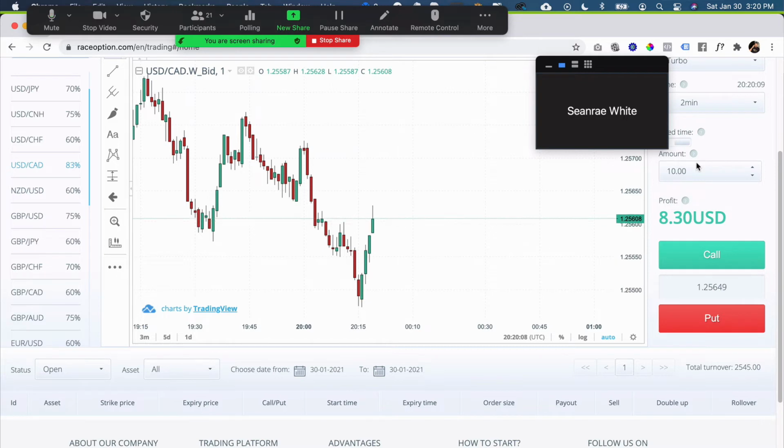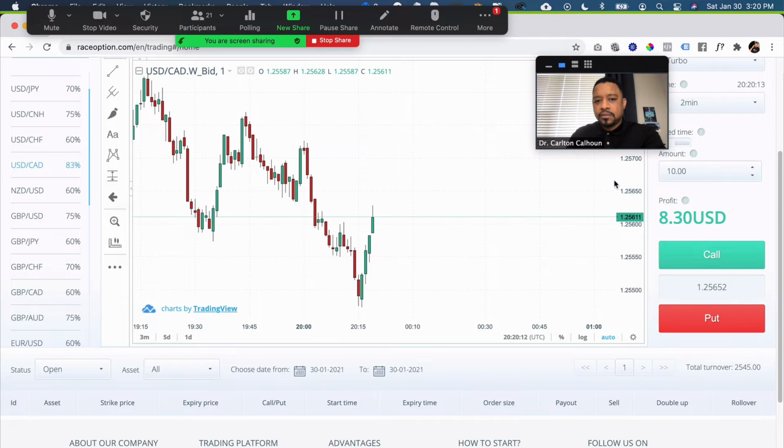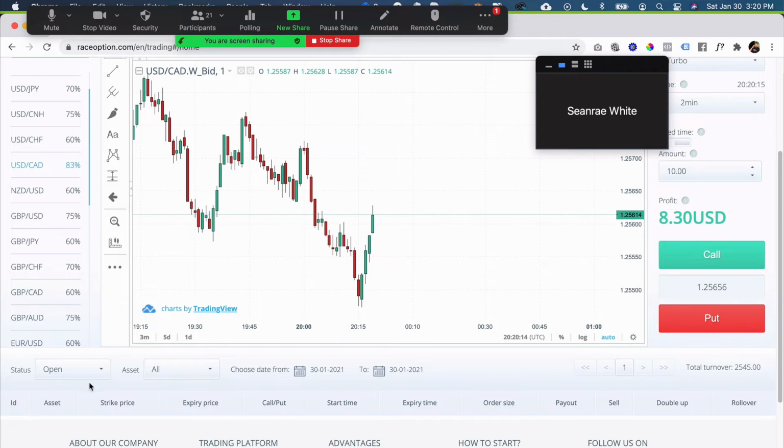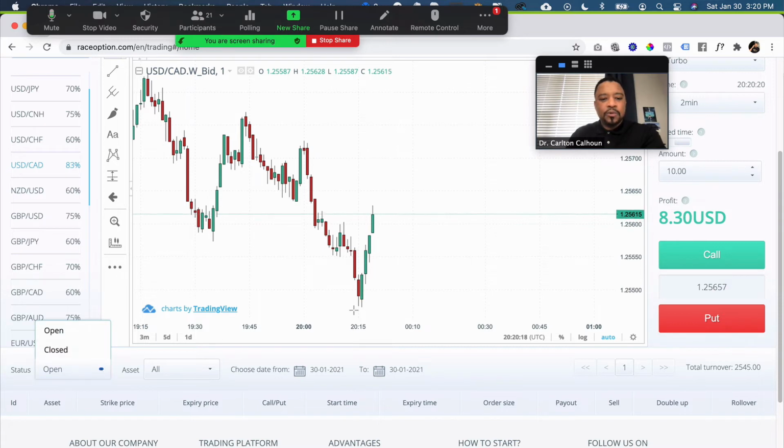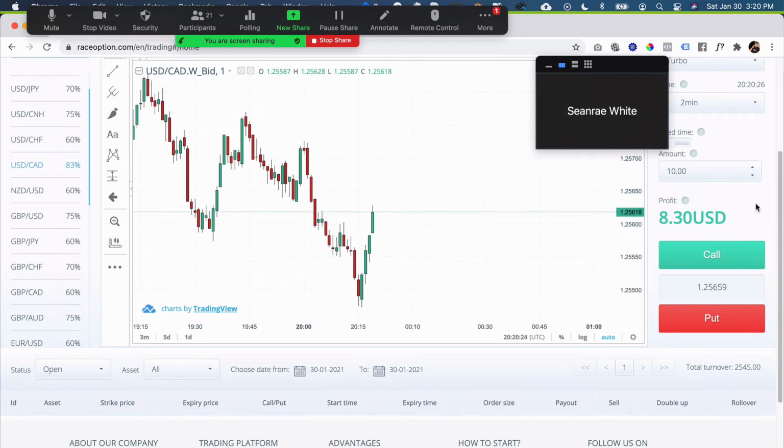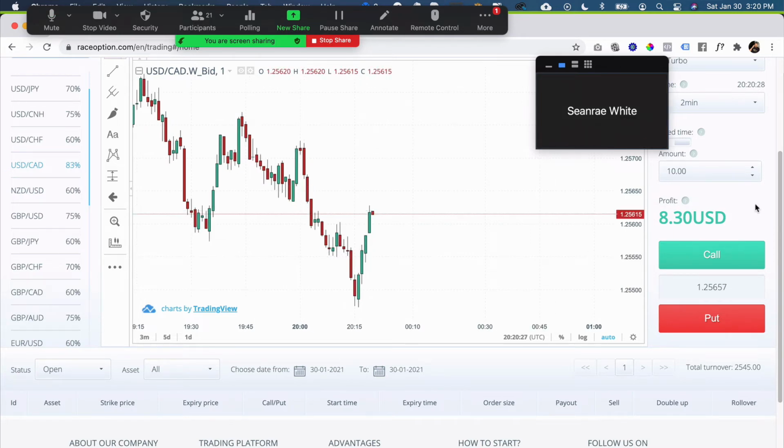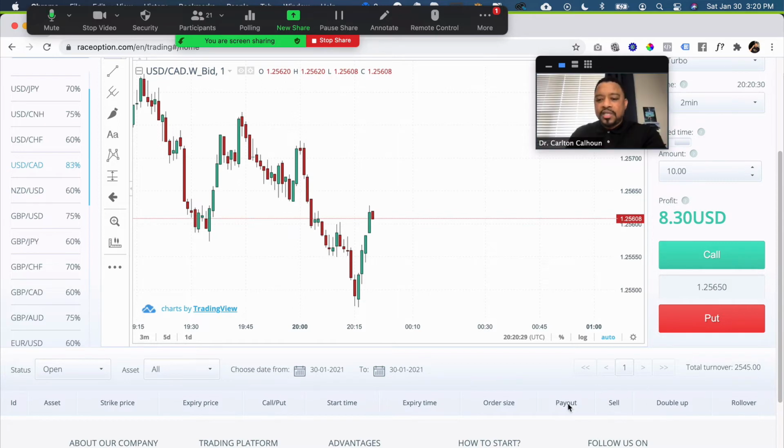Are you entering in the trades? I've entered some since we've been here, yeah. So where does it show what you got? You would have to go to status closed. Does that make sense? It seemed like on some of them I've looked at, it shows it at the bottom. No, after it is gone, it goes to the closed trades area.